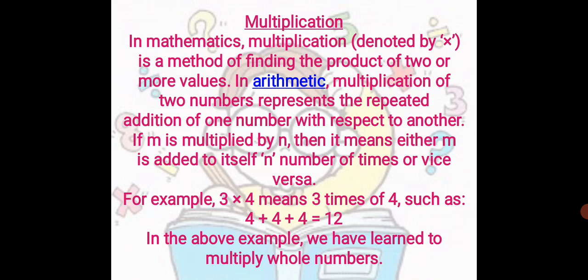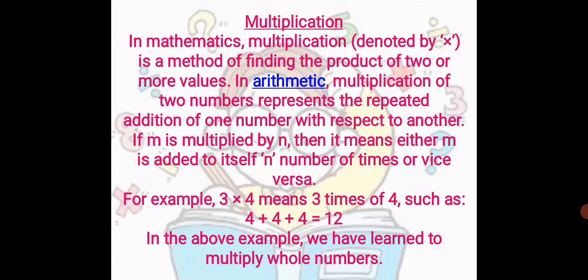For example, a very small, very easy example I am taking here. 3 cross 4, that means 3 into 4, means 3 times of 4. So we can write 3 into 4 equal to 12.